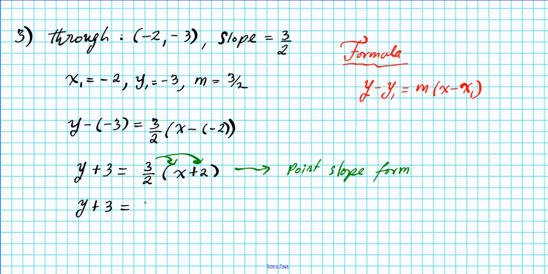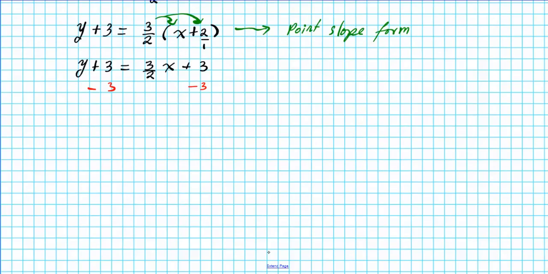So that yields 3 over 2 x plus, and then you can put a 1 over here, multiply, the 2 cancels out with that 2, so it's just 3. And then lastly, to get y isolated, you subtract 3 from both sides. And that leaves us with y equals 3 over 2 x.